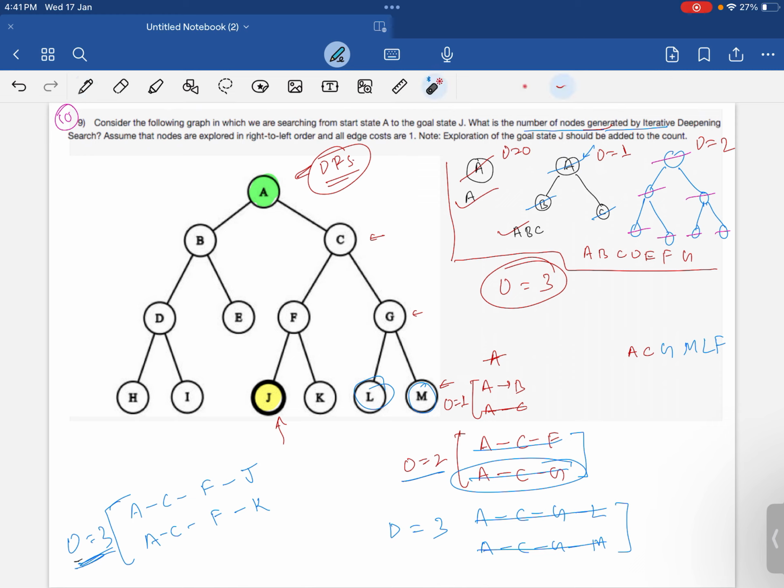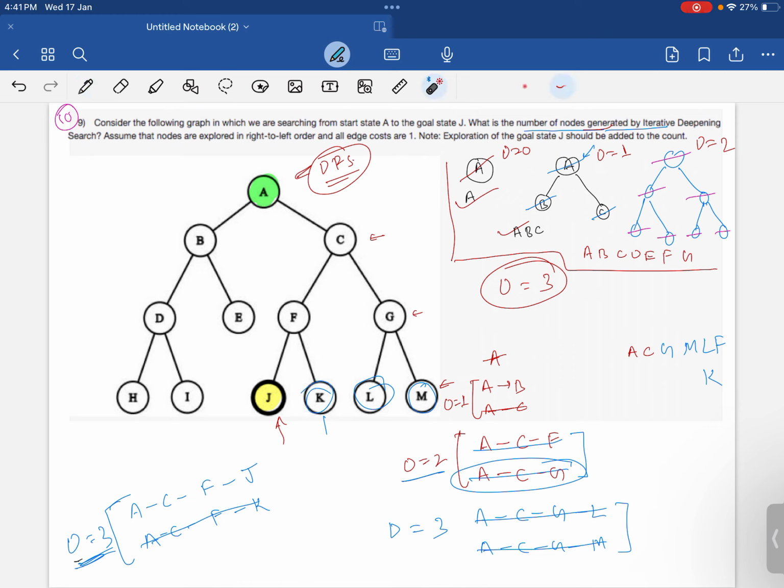Now I will look at my fringe. These are the nodes at the highest depth, but there is a tie. Which am I going to pick? The right one, because we have to explore from right to left. The right is K, so I am going to explore K. K has no child, so there will be no successor in the fringe.